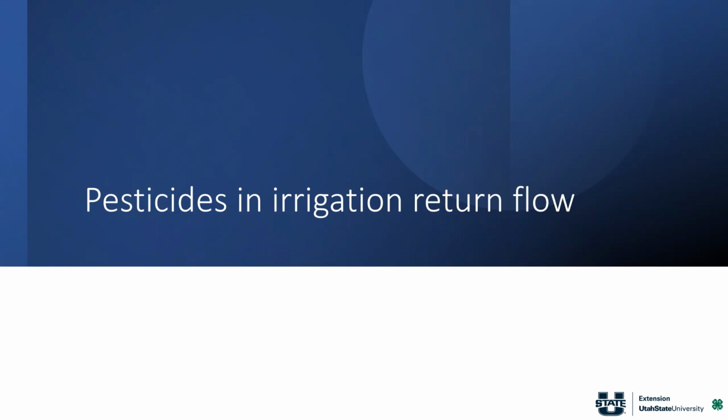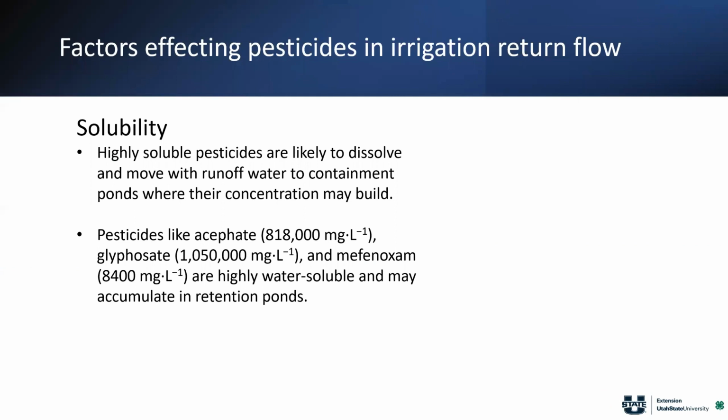So let's dive in. The first thing is solubility. Like fertilizer, pesticide also has different levels of solubility. Solubility is just the potential of a pesticide to dissolve in water in this case. So highly soluble pesticides are likely to dissolve with the runoff irrigation water and move with runoff water to the containment pond or retention pond, where their concentration might build up.